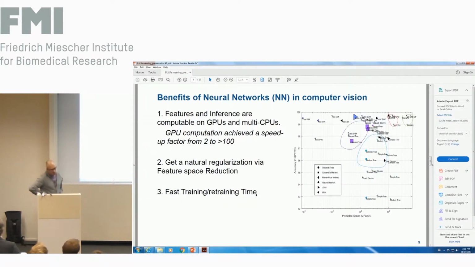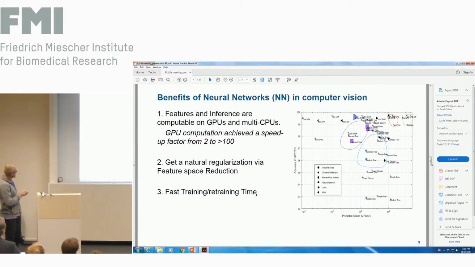A second benefit of using neural networks is that when you use this feature space reduction, you get a natural regularization. Neural networks are known to work quite well and to be stable with a large amount of features, but here they show as well that they can be quite robust against overfitting when you also reduce the features.